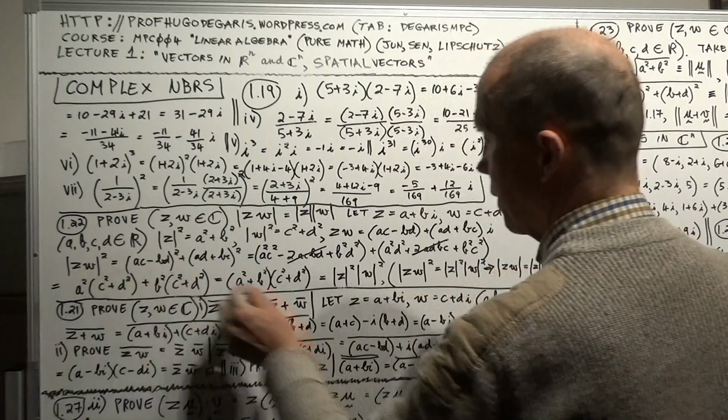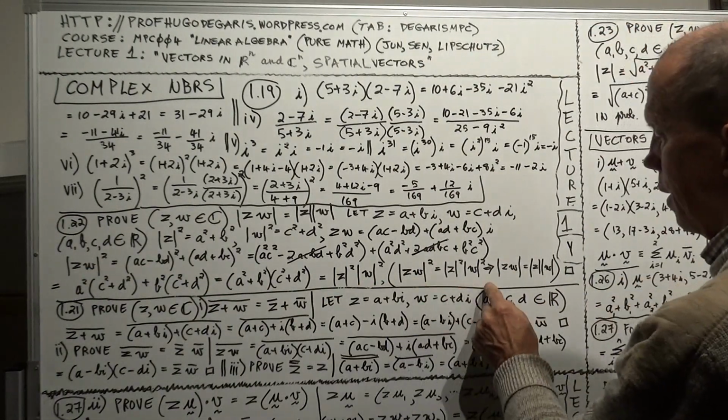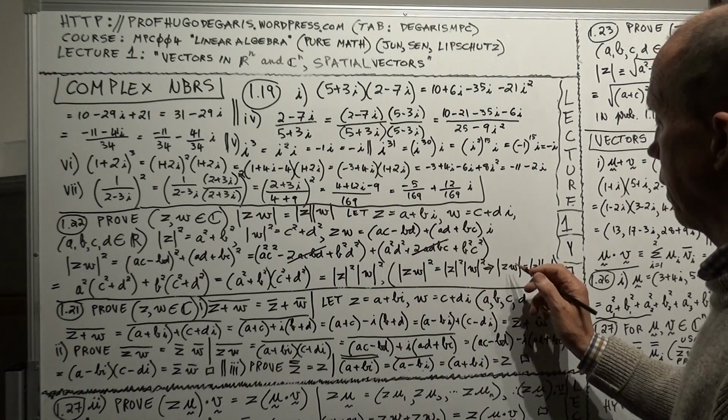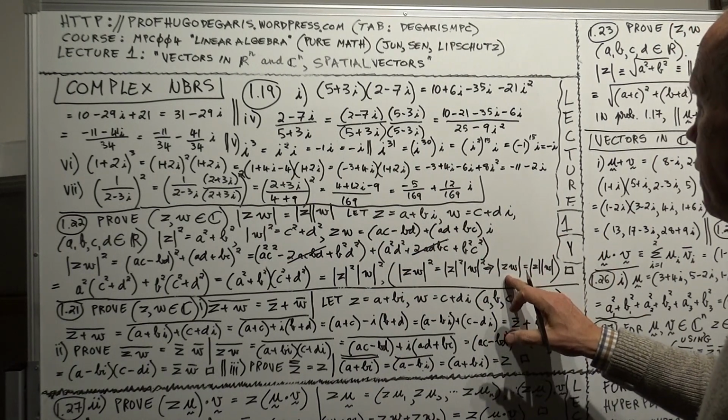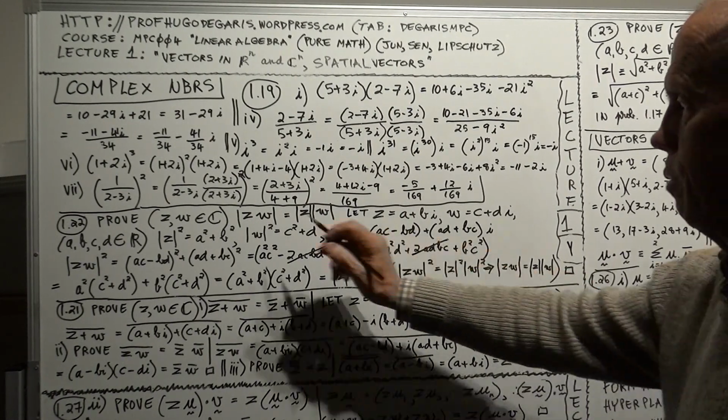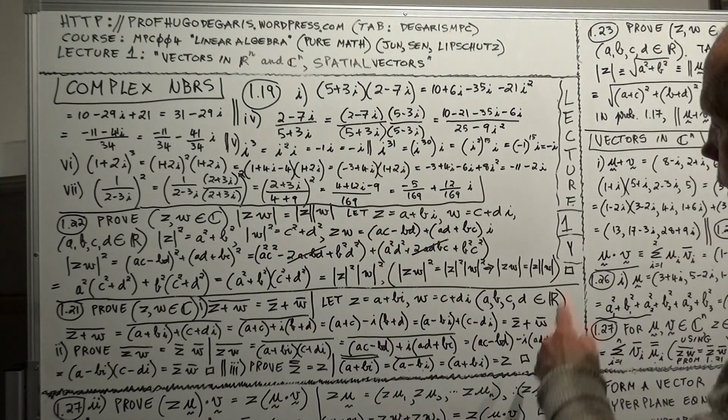So therefore this equals this. Now just take the square root of both sides and you'll get the mod of zw equals mod z times mod w, which is what we wanted to prove. And that's the end of the proof.